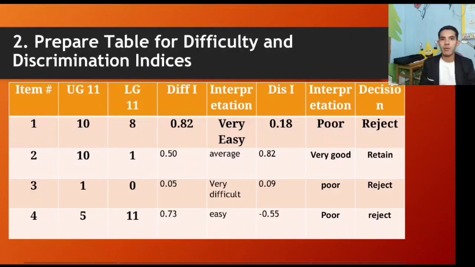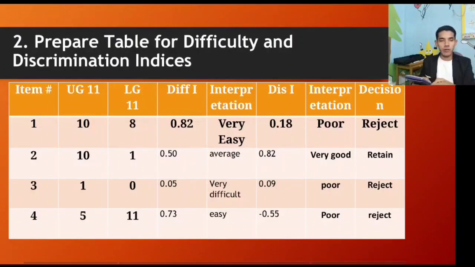In item number 1, there are 10 students from the upper group who got the correct answer, and 8 students who got the correct answer from the lower group. You have to use the formula being given: students who got the correct answer from the upper group, which is 10, plus students who got the correct answer from the lower group, which is 8.